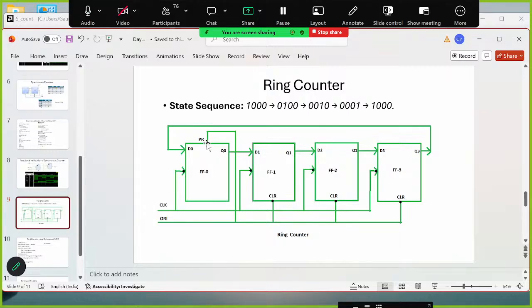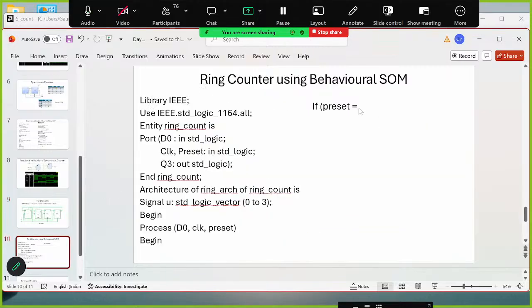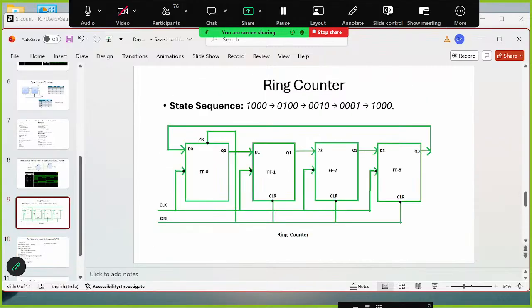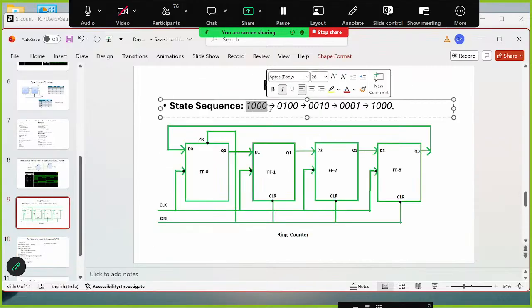Active low means it is activated at 0. If preset is activated, then I need this intermediate output. It should reset to this position. It should start with this sequence.